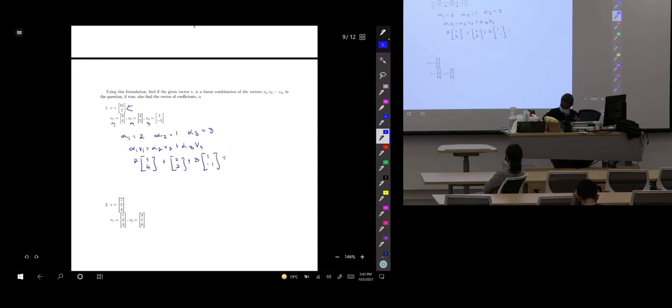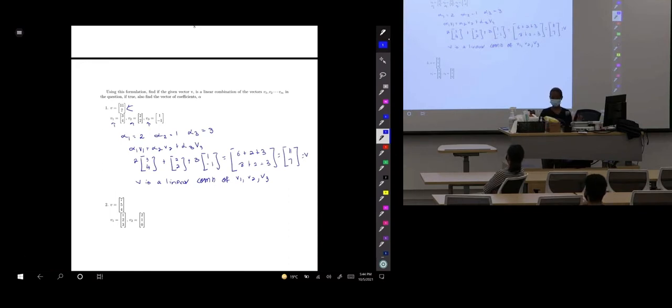And just doing the math here, we get that this is 6 plus 2 plus 3, 8 plus 2 minus 3, which, lo and behold, gives us 11 and 7, which is equal to V. So here we can say that V is a linear combination of V1, V2, and V3. Any questions about that?